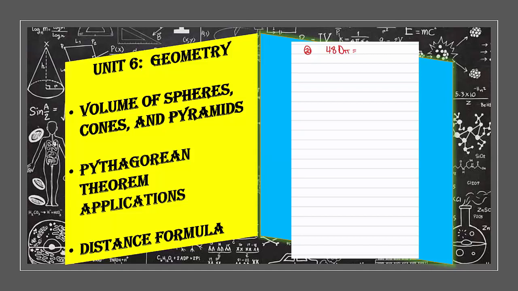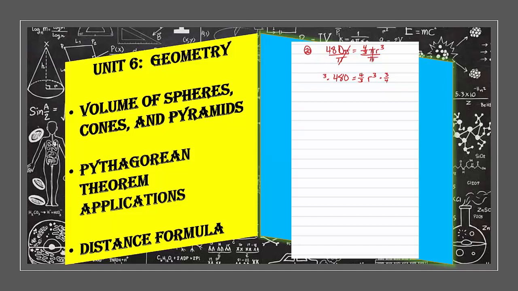480 pi is equivalent to, since we're talking about volume of a sphere, the formula for volume of a sphere: 4/3 pi r cubed. Where again we have pi on both sides, so I can divide by pi on both sides. And they will simplify out, and we're left with 480 being equal to 4/3 r cubed, where we can multiply by the reciprocal.